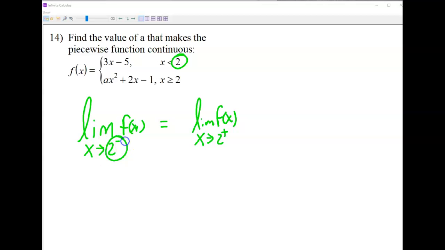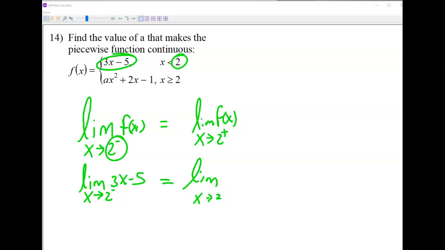And so let's go ahead and do this. If I'm approaching 2 from the left, that would be this piece. And if I'm approaching 2 from the right, I would use this piece. And then we do our direct substitution. So I'm going to plug in 2 here. If I plug in 2 there, I'm going to get 3 times 2, which is 6, minus 5, which is 1.